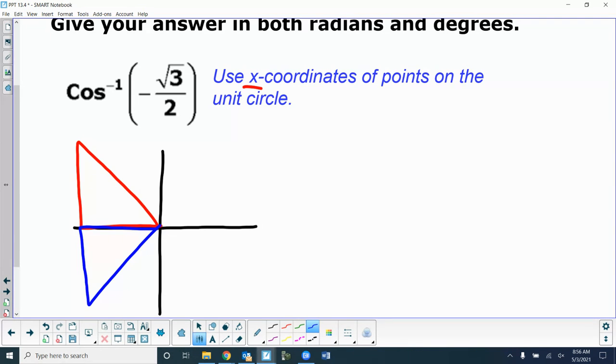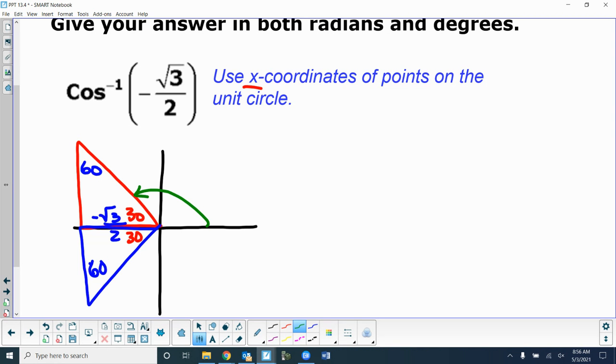Now, cosine again is the x value. So for both of these triangles, that's my x value. What's always opposite the radical 3/2? The 60. So these are 60s, opposite that. So what's my reference angle? 30. So how far is that degree-wise?